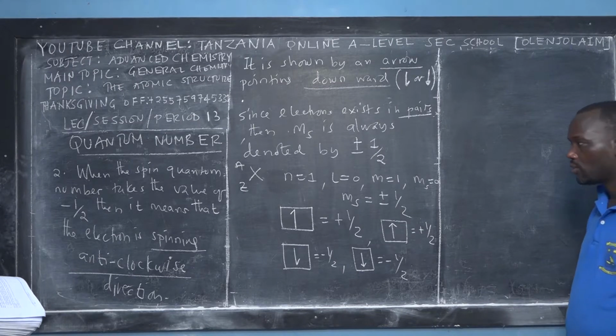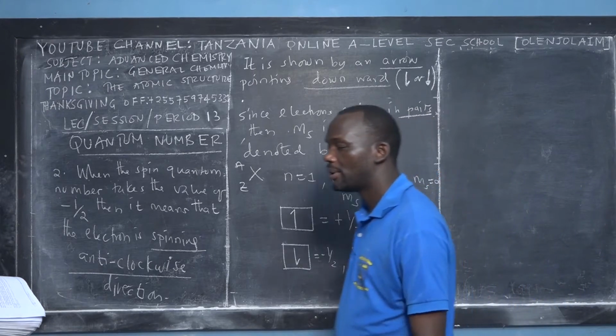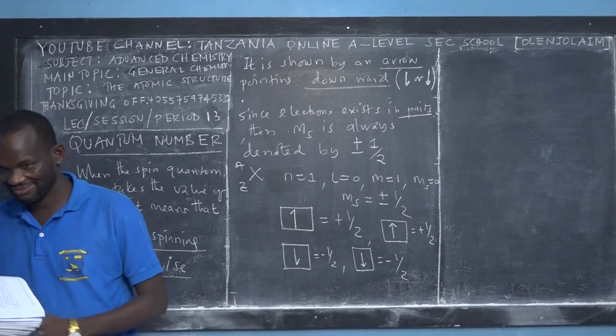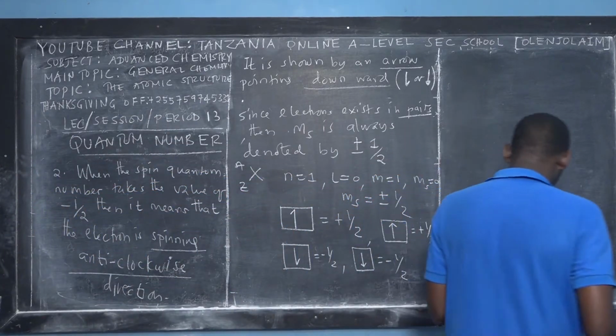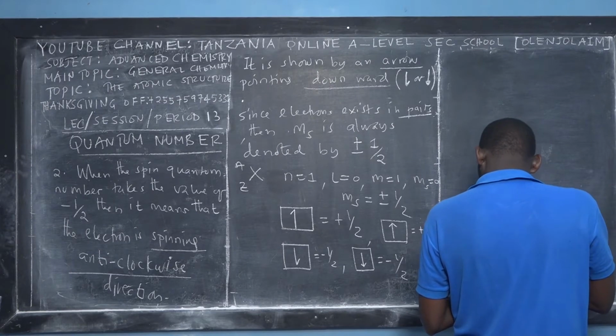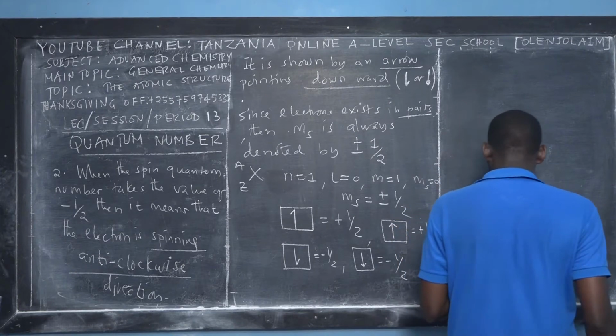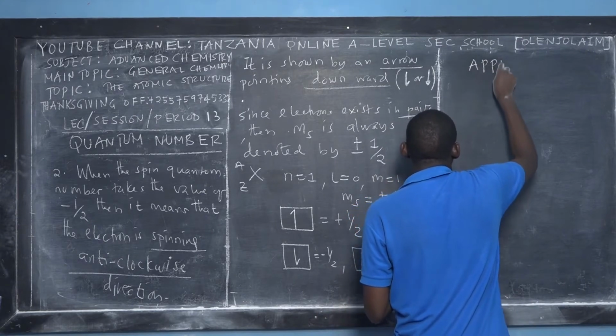So now, I would like to teach you the last part, which is applications of quantum numbers. These applications will be very relevant. I'll be teaching you 3 intensive applications of quantum numbers, and then we'll be doing examples.